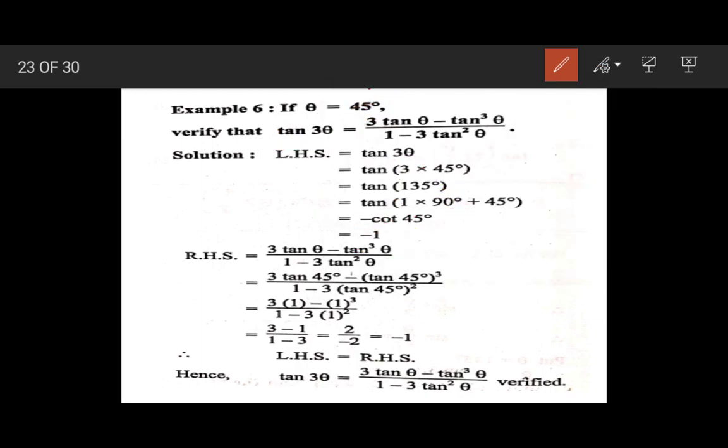Now let us check right hand side. So right hand side, this formula, right? Here we have to put theta value. So 3 tan 45 degree minus tan 45 degree whole cube upon 1 minus 3 tan 45 whole square. Okay, now tan 45 value is 1, so 3 into 1 minus 1 cube upon 1 minus 3 into 1 square.